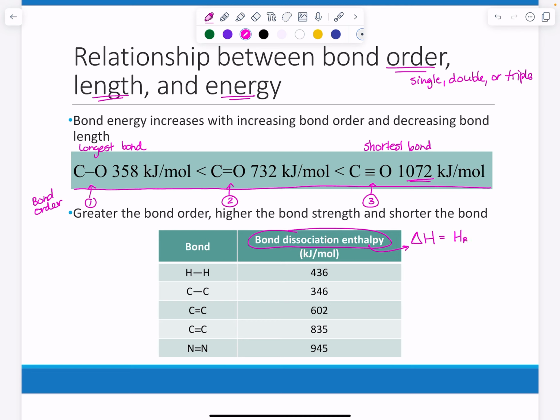So let's call that broken. And we're subtracting the energy in the molecule when the bond is intact.